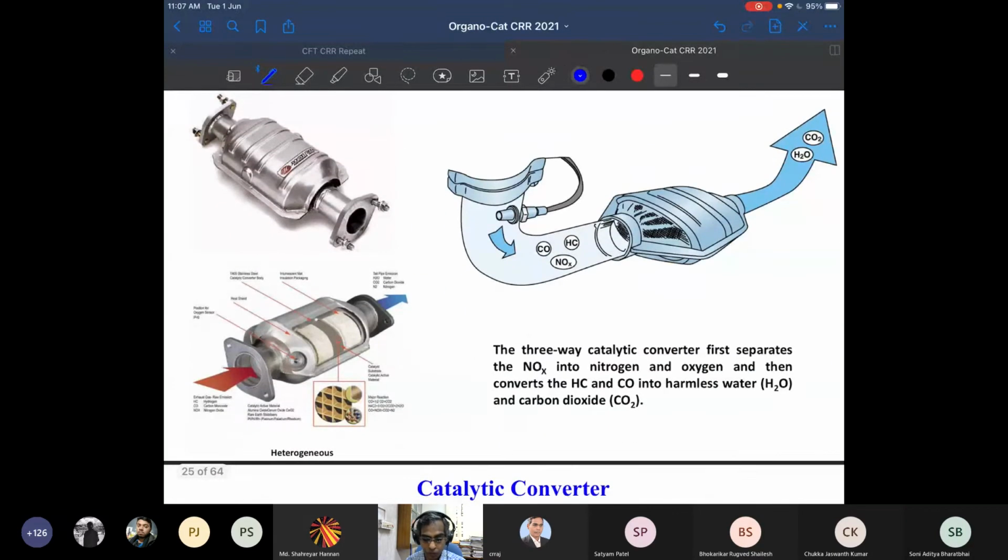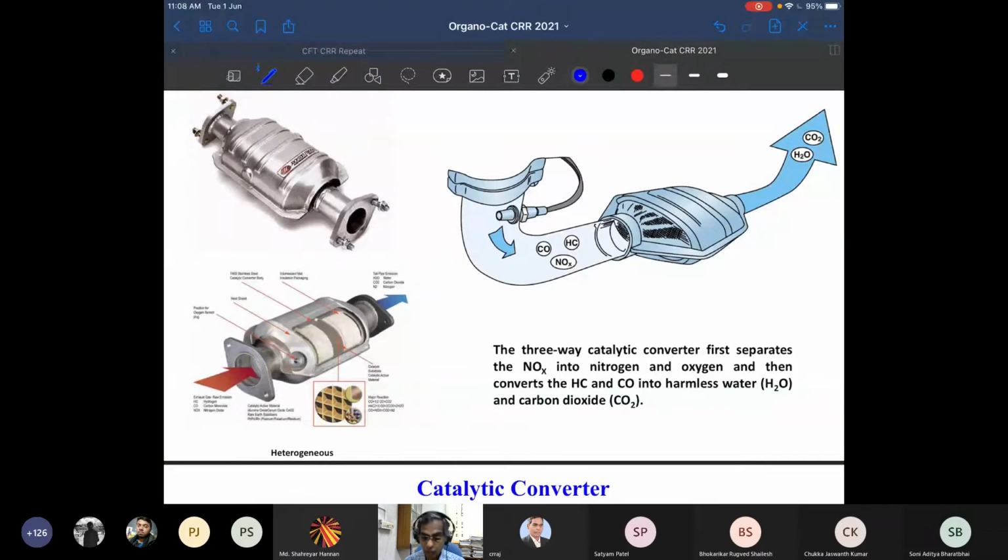These are some of the pictures to make you understand the catalytic converter in the automobile. How does it work? You have platinum or other metal catalysts there. This is very common in general chemistry textbooks. We are not going to study the structure of the catalytic converter.